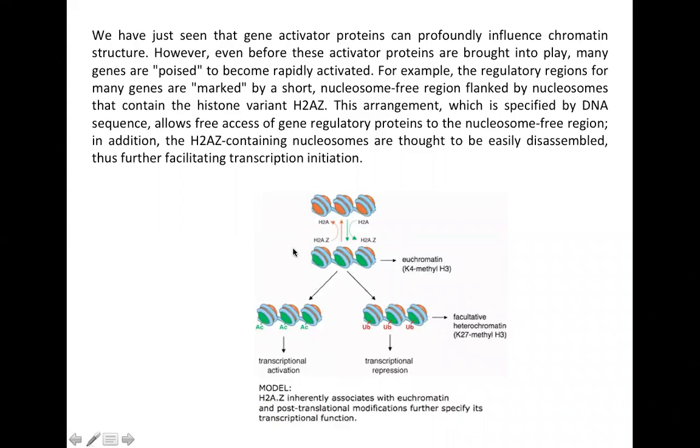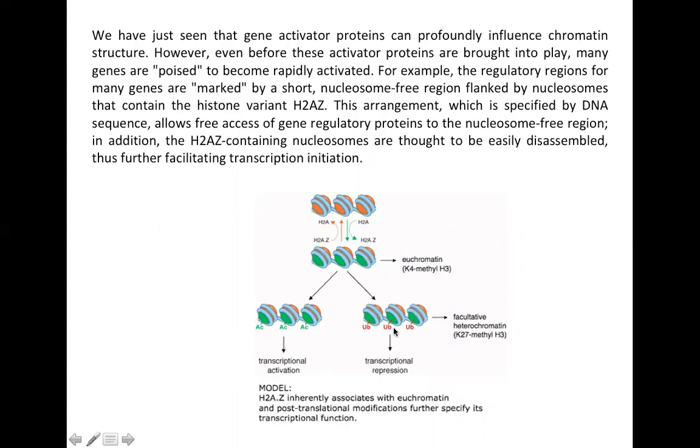It is easier to modify H2AZ as compared to H2A, and they can also be evicted, removed very easily. They can easily be modified after the H2AZ variant is inserted into the nucleosome rather than H2A. So if this gets acylated, this will lead to transcriptional activation.